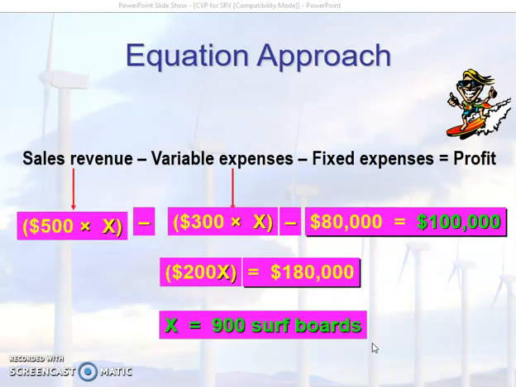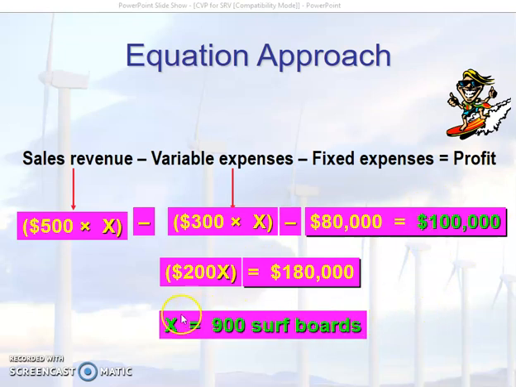The equation approach is the exact same as what we looked at before, except that now, when we solve for X, our end result, instead of being 0 here, is 100,000. So it's the exact same equation as before, but we're replacing the 0 with 100,000.